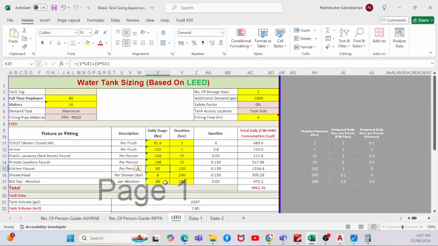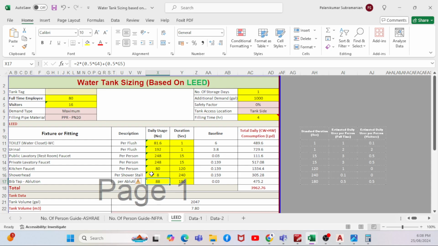If you see the shower head, only 10% of full-time employees will use the shower, not all the employees. Kitchen faucet, everyone will use it. Bib tap, everyone will use it. Clear, right?